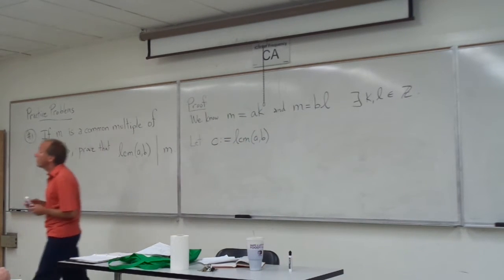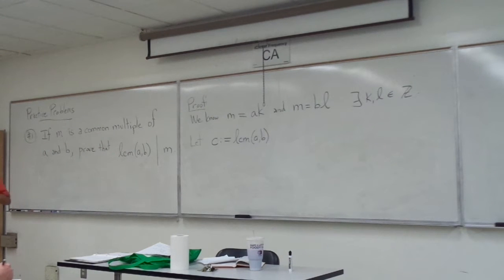Right now, I was just trying to think, if we did want the least common multiple based on the GCD, we could use a formula. Does anybody know that formula? It's worth mentioning that there is a relationship between the LCM and the GCD.